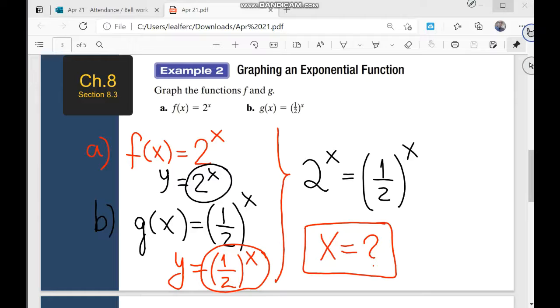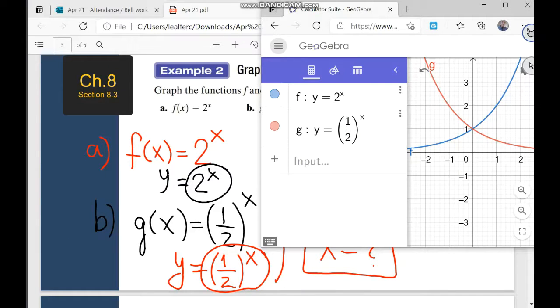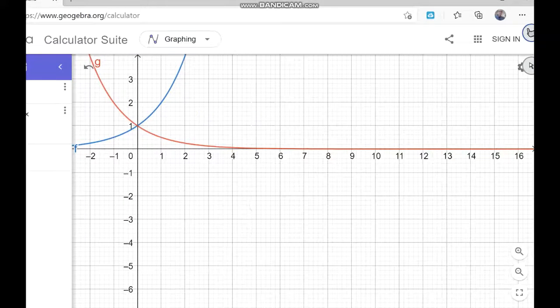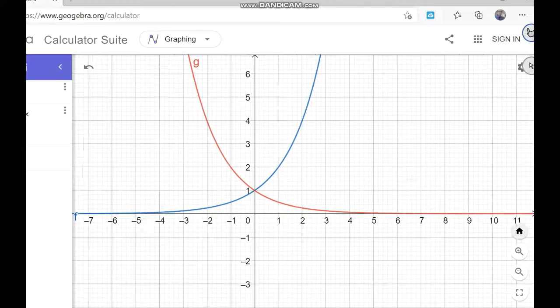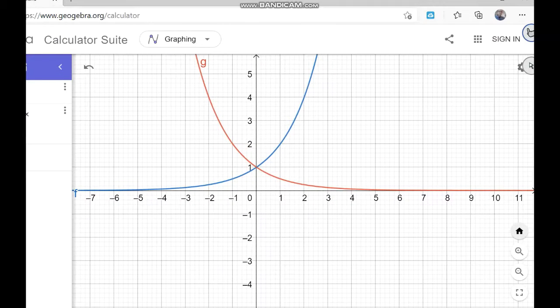Let's look at the graph. If you look at the graph, what is the solution? Can you see where both functions, the blue one and the red one, have the same point, the same x and the same y?